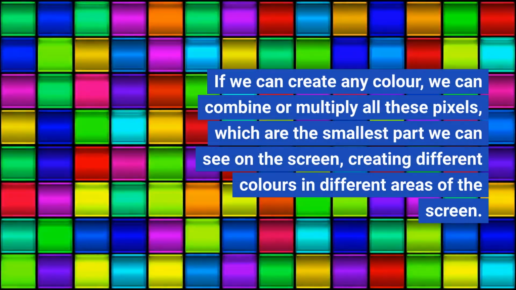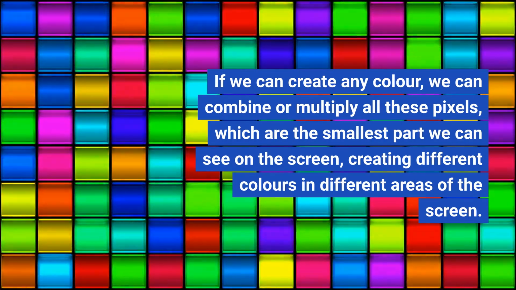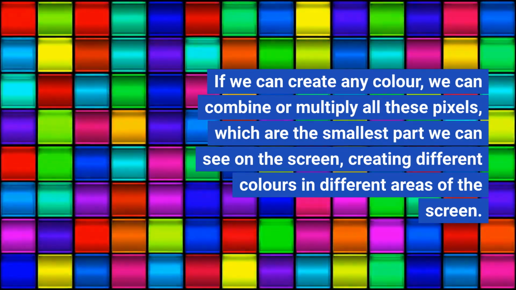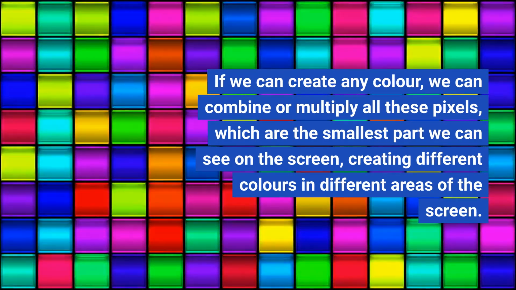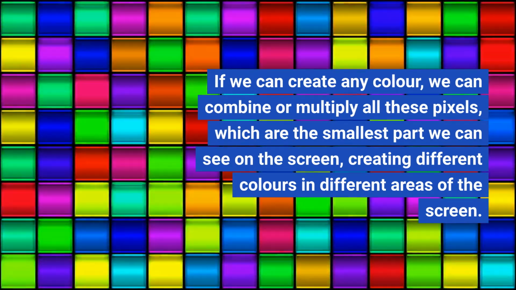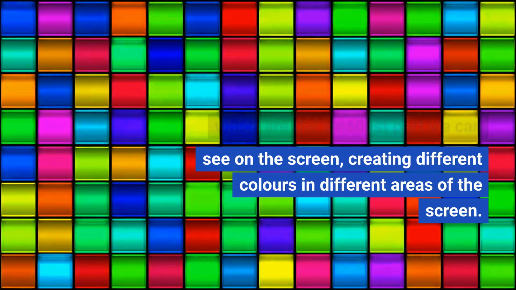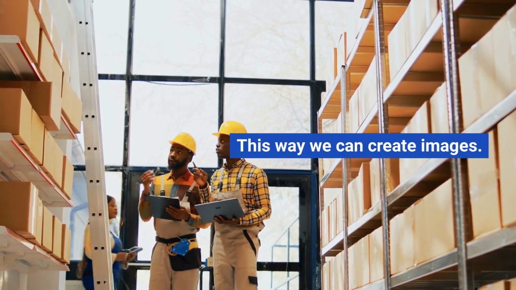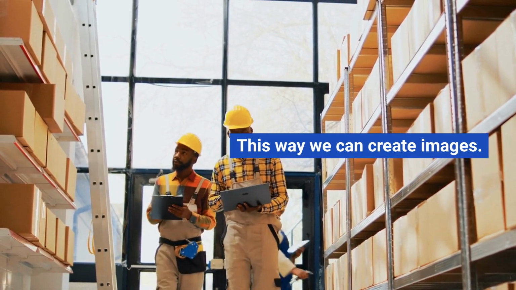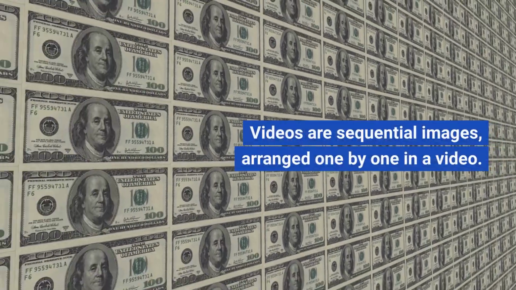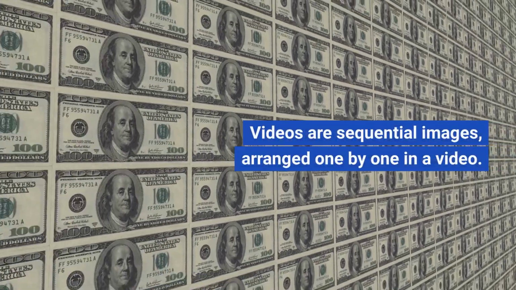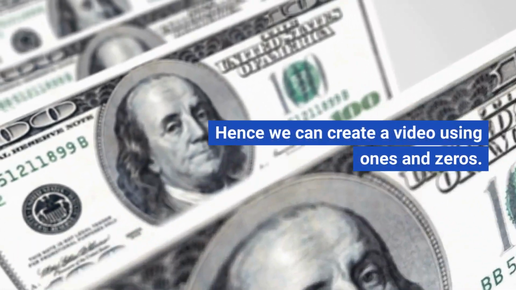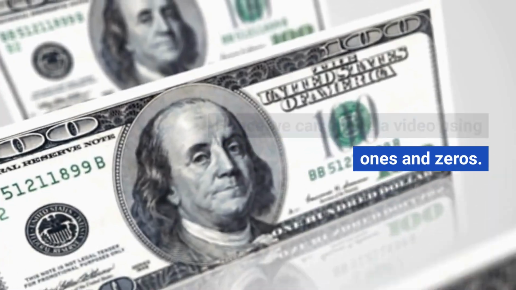If we can create any color, we can combine or multiply all these pixels, which are the smallest part we can see on the screen, creating different colors in different areas of the screen. This way we can create images. Videos are sequential images, arranged one by one in a video. Hence we can create a video using 1s and 0s.